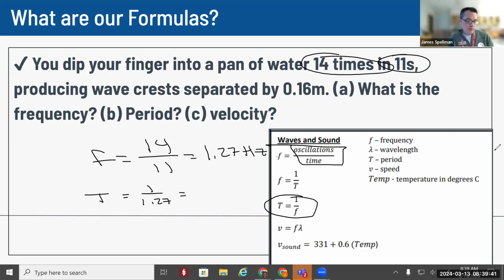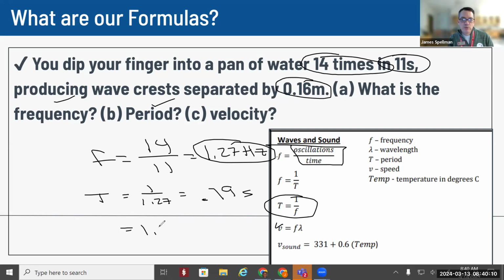And there's about 0.79 seconds, which makes sense because I'm tapping more times than there are seconds. So my time should be a little less than a second. So there's that. And there's that. And then what's our velocity? I need to multiply the frequency, which we've already got at 1.27. So we got our frequency here, right? And we're going to multiply that times the wavelength, which is given to us in the problem.